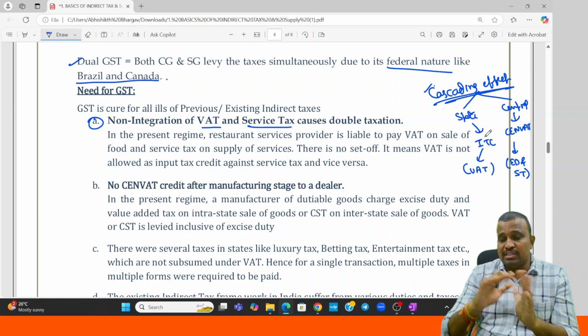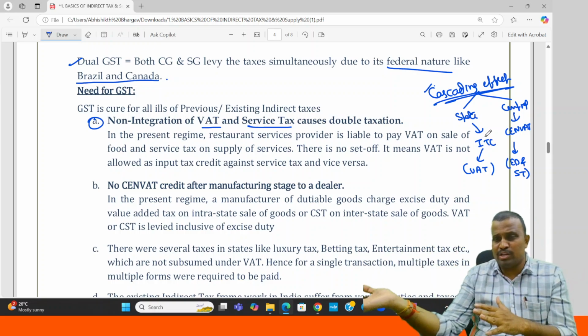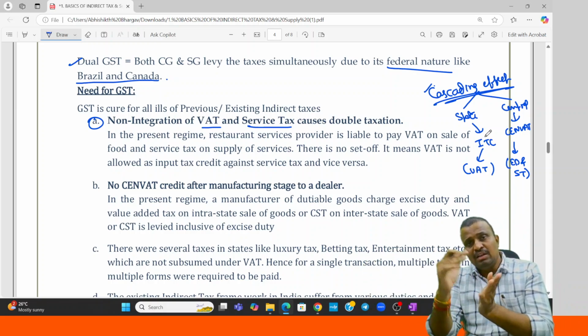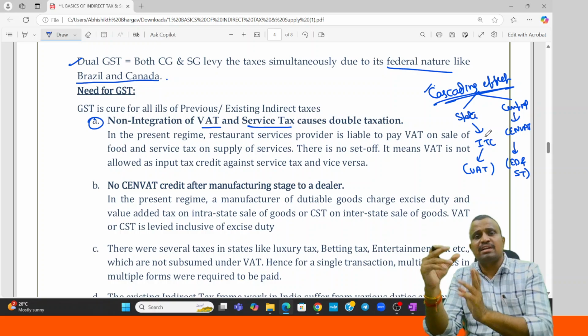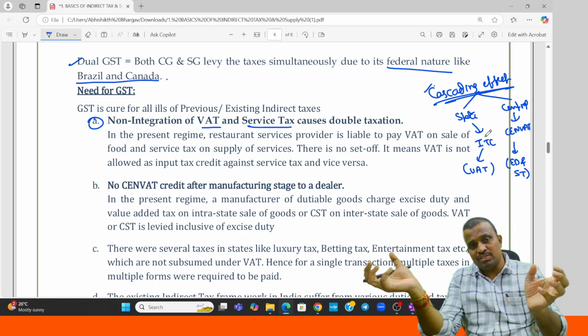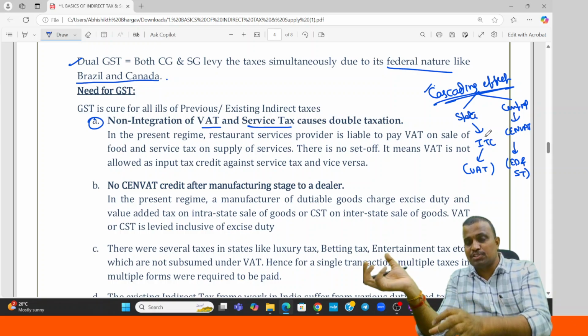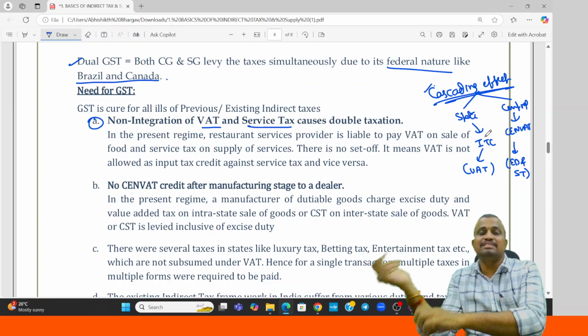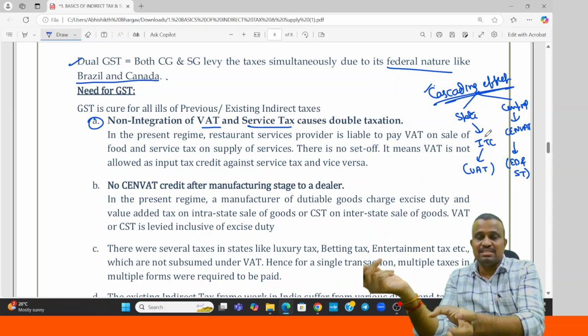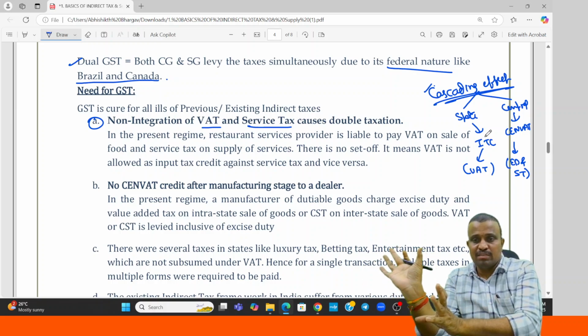Later, the distributor transfers the product to the wholesaler, and the wholesaler transfers it to the retailer. At each stage they collect the VAT, and whatever VAT they paid at the time of purchase is claimed as a reduction from the VAT collected at the time of sale. By using that concept called ITC, the cascading effect has been eliminated.